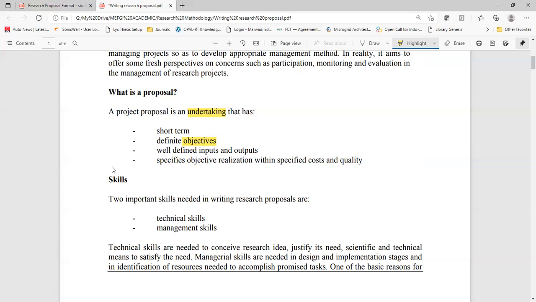So that will become your objective. Well defined inputs and outputs. That means what kind of input will be required and what will be the output condition. And fourth, a very important one is the objective realization. How will you ensure that objective will be realized?